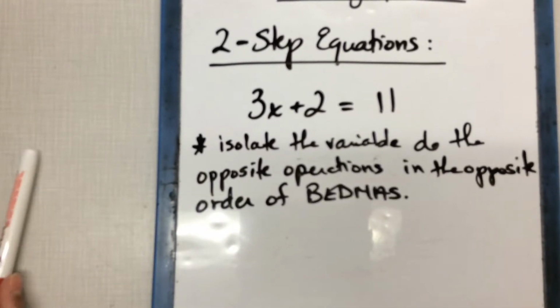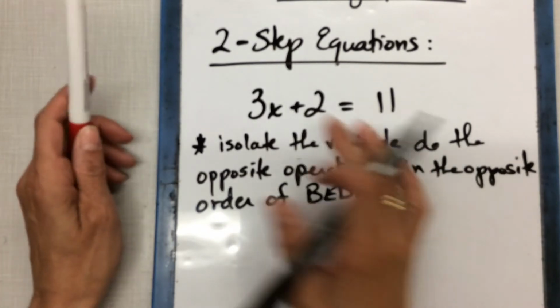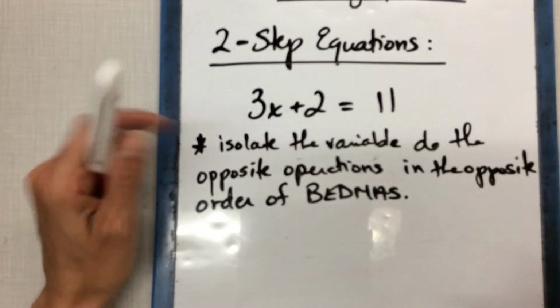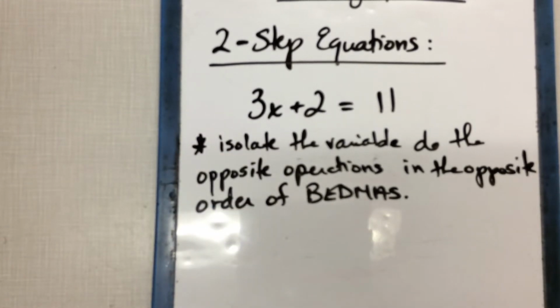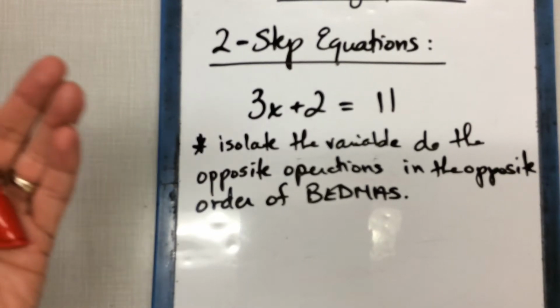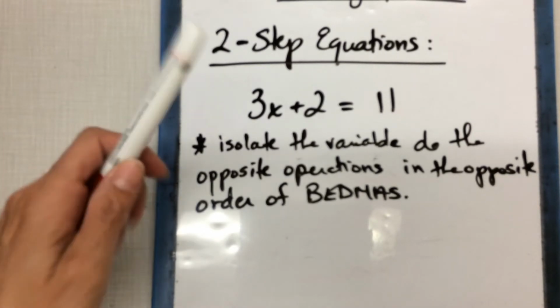Okay, so that means normally we start with multiplication, division, and then adding and subtracting with BEDMAS. In this case, what we want to do is start with the adding and subtracting first in order to isolate our variable.